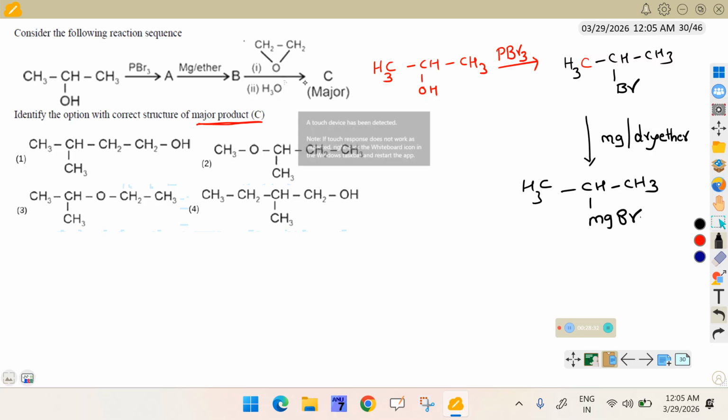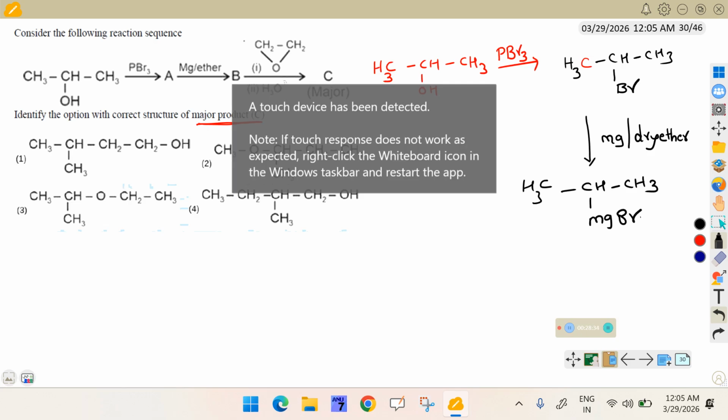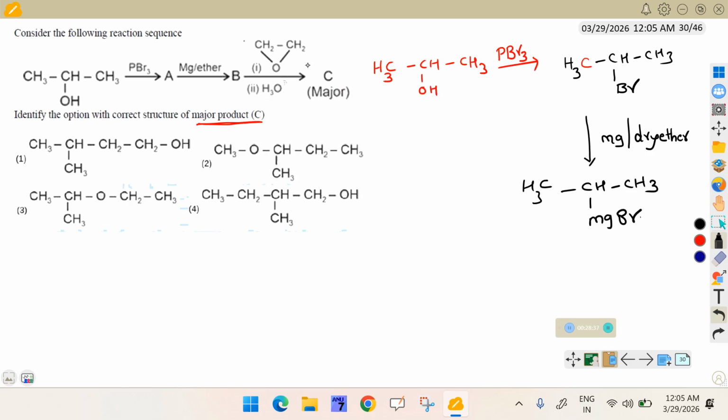Okay. Now the Grignard reagent reacts with epoxides. Cyclic ethers are called epoxides. Now take the Grignard reagent CH3CHCH3MgBr plus the cyclic ether CH2CH2O.